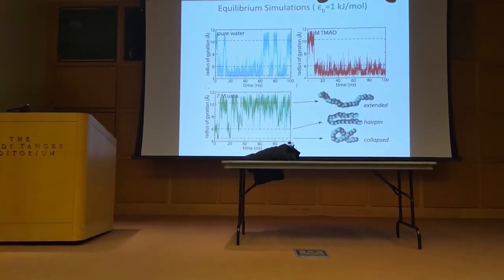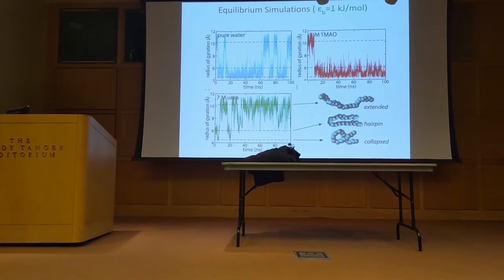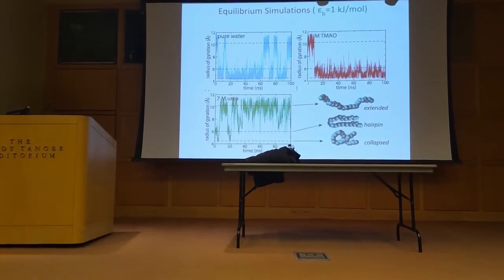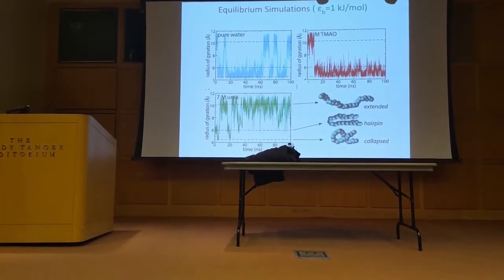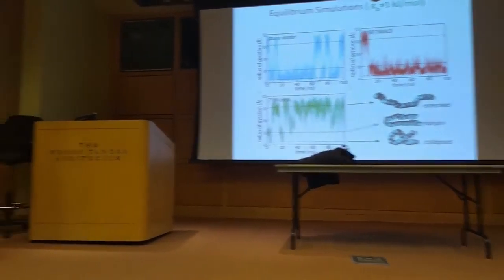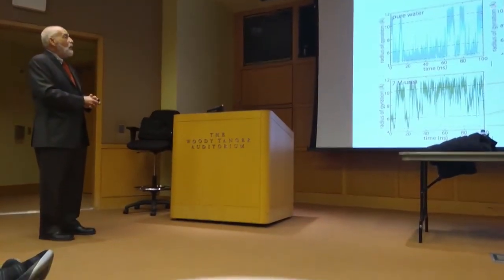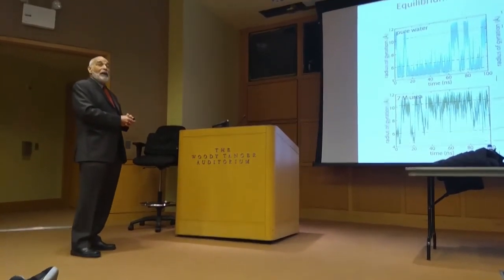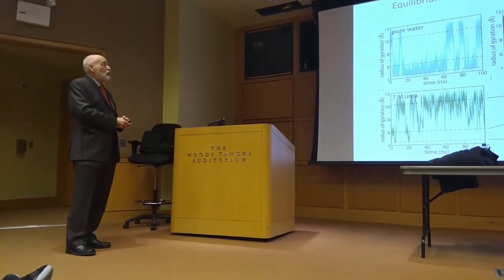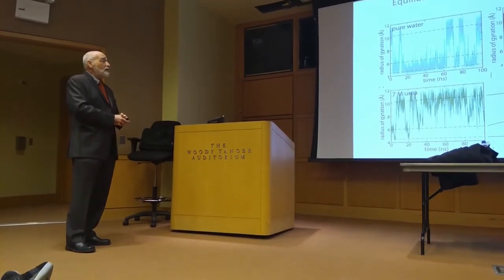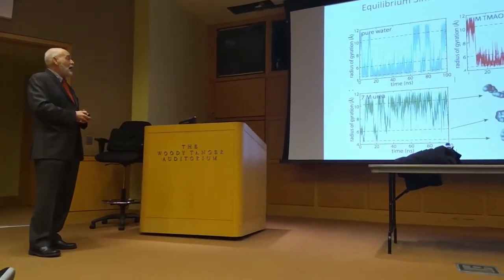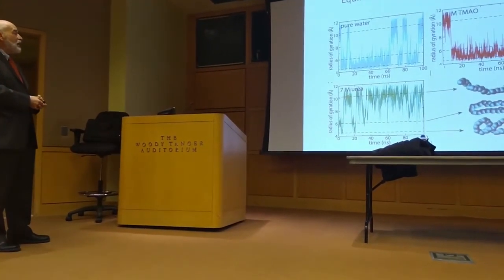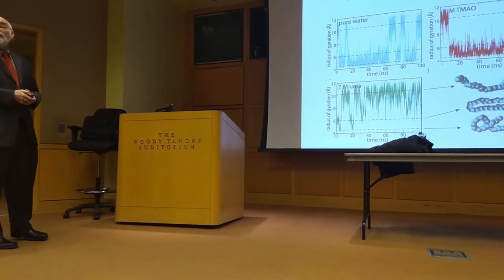And so you'll get a certain ratio of compact versus unfolded from that, and it'll be an equilibrium ratio. In TMAO, you'll notice even if you started out with the chain stretched out, it spends almost all of its time in this region, compact. And in urea, it spends almost all of its time stretched out.